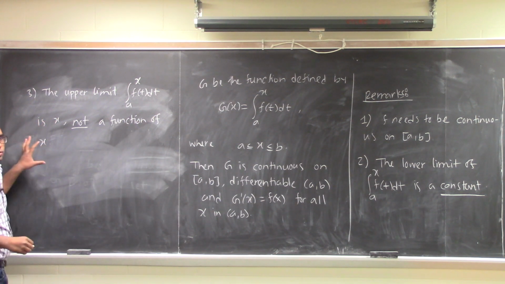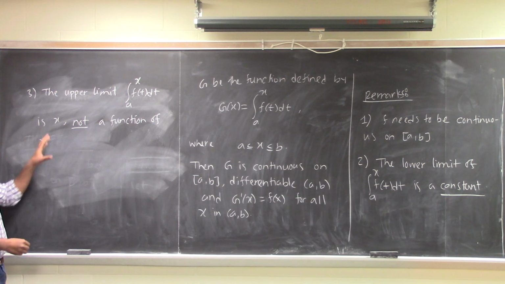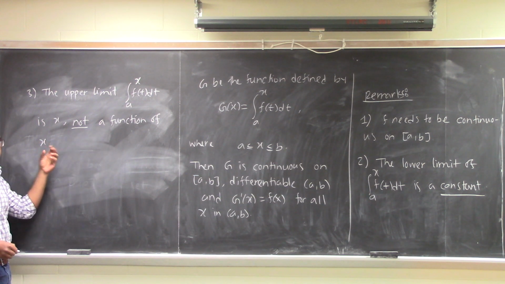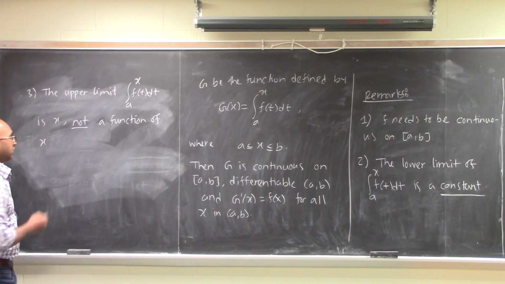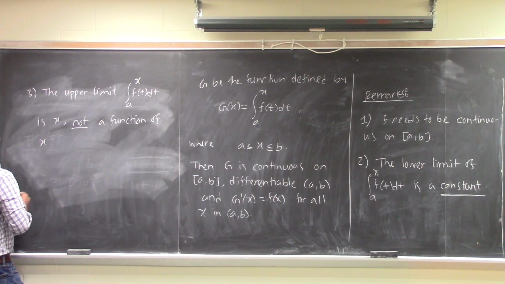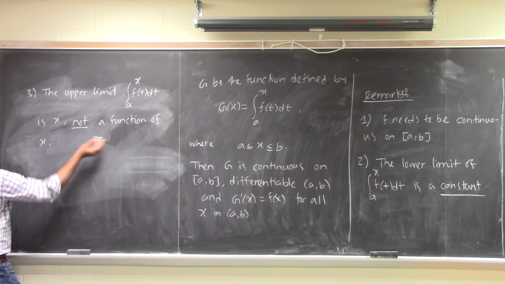Well, I mean x equals x, I mean x is a function, it's the identity function, but what it means is if you have some function which is not the identity function, then you have the problem. Okay, so I want to make that comment here.